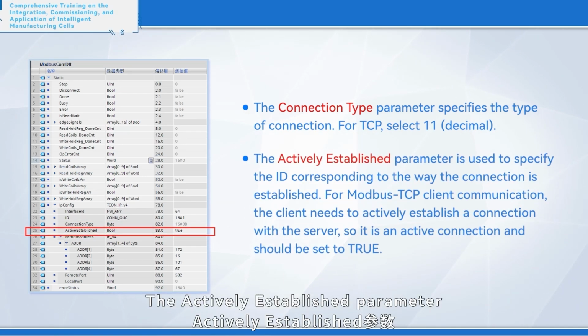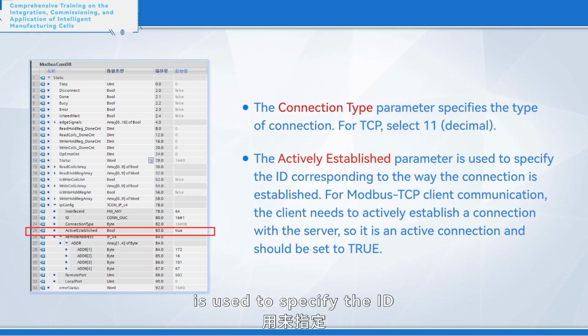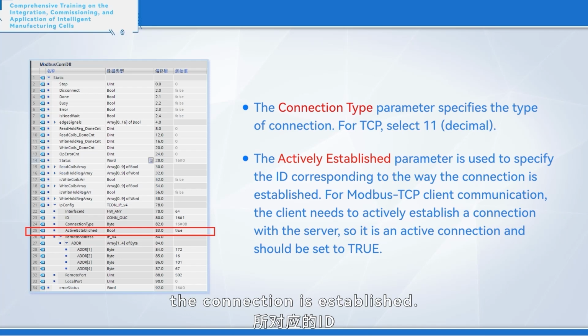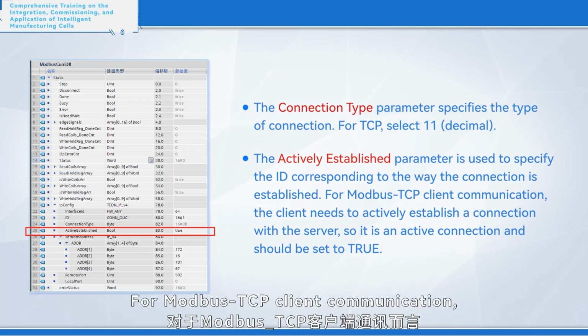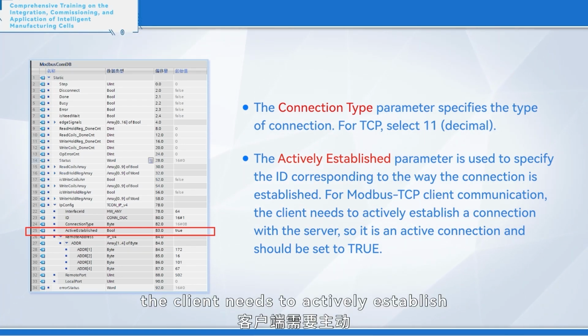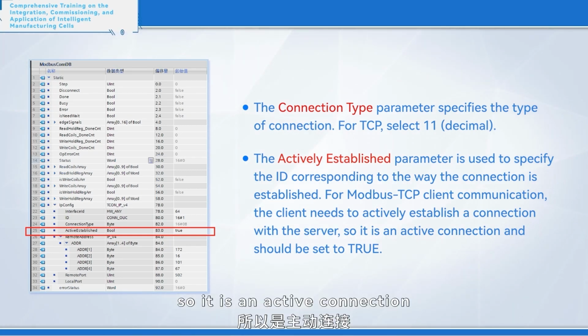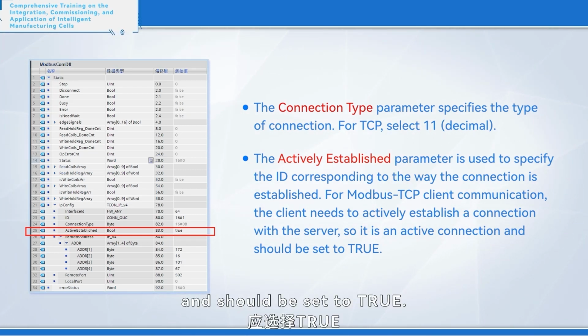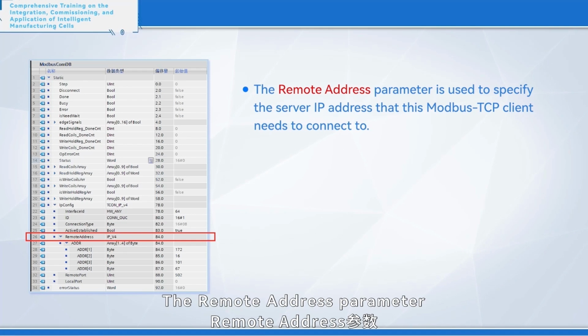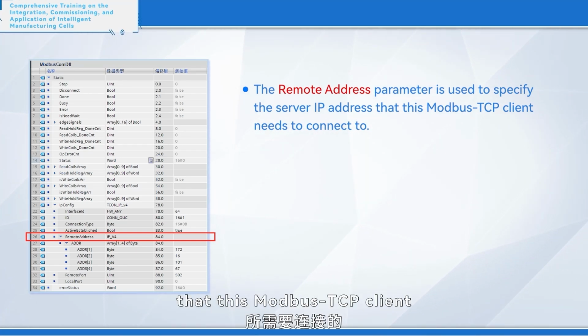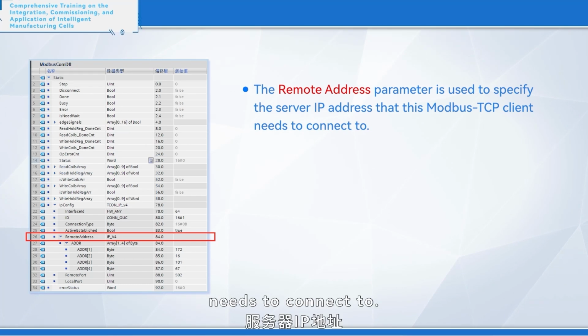The active established parameter is used to specify the ID corresponding to the way the connection is established. For Modbus TCP client communication, the client needs to actively establish a connection with the server. So it is an active connection and should be set to true. The remote address parameter is used to specify the server IP address that this Modbus TCP client needs to connect to.